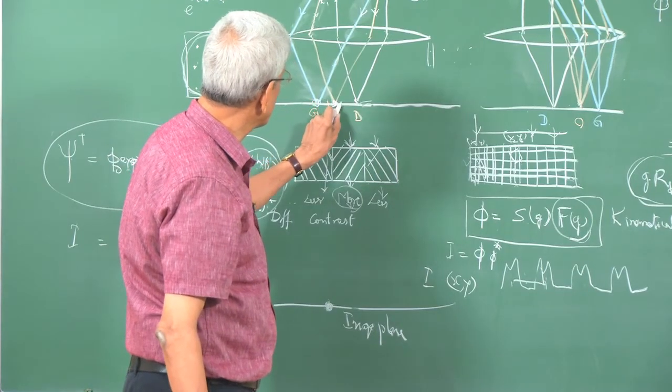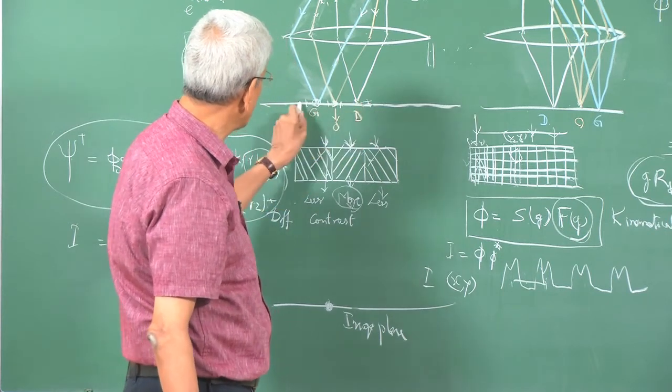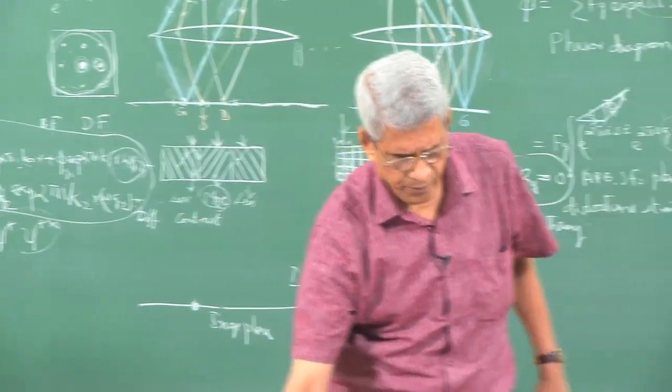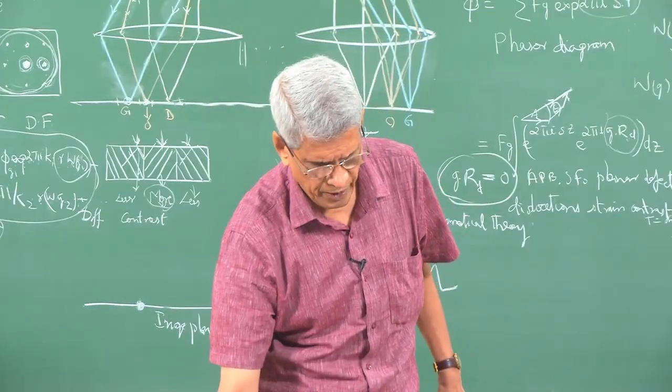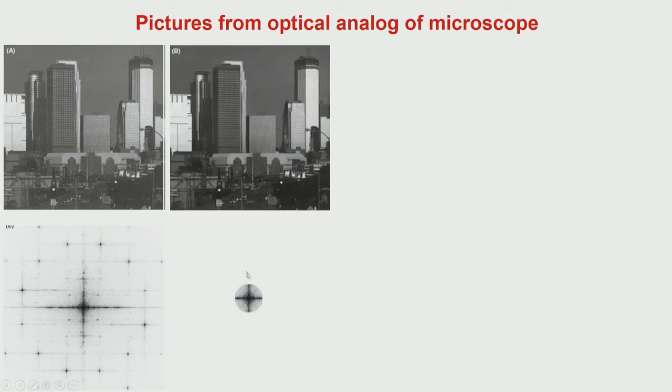I can put an aperture so as to cut off all these, or I can choose an aperture such that all the beams are taken. When all the beams are taken, the same sort of image is obtained. The next is that only this much region is chosen. Then you can see some blurredness, but still you can see an image of the same sample.